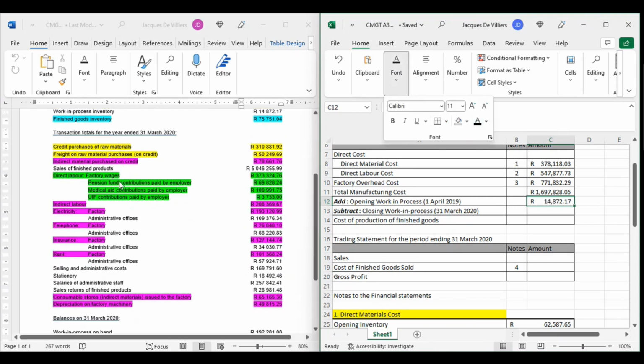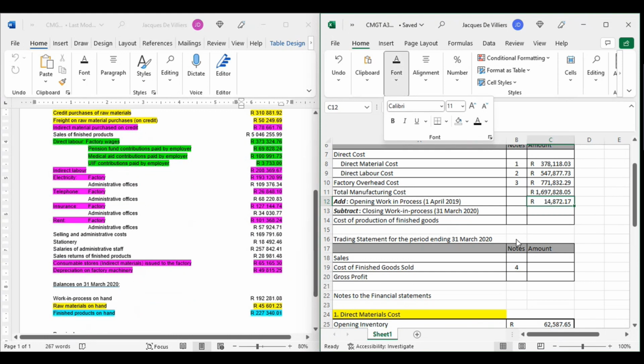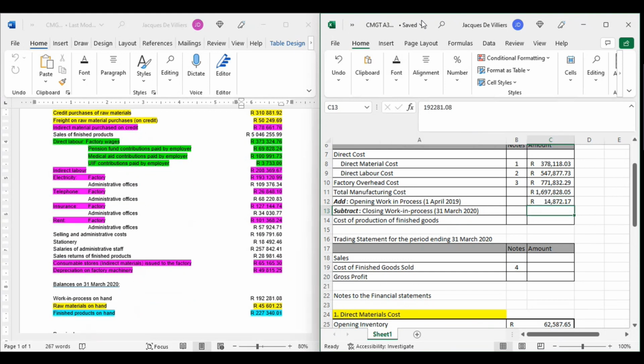And we can subtract our closing work in process that was also given as 192,000 and some cents. By adding the opening balance and subtracting the closing balance, we can see exactly what the cost of production of finished goods was. So now I can see that the cost of production of finished goods was 1,520.